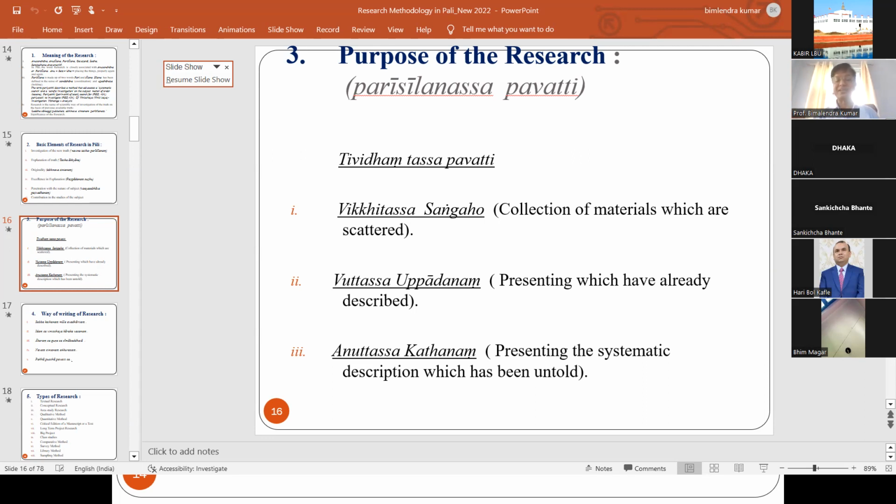So this is the second aspect, which is the main purpose of research. And third, whatever has been presented by our previous scholars, how you are analyzing and interpreting, how you are making new innovations of those ideas or concepts which have already been stated by our previous scholars.